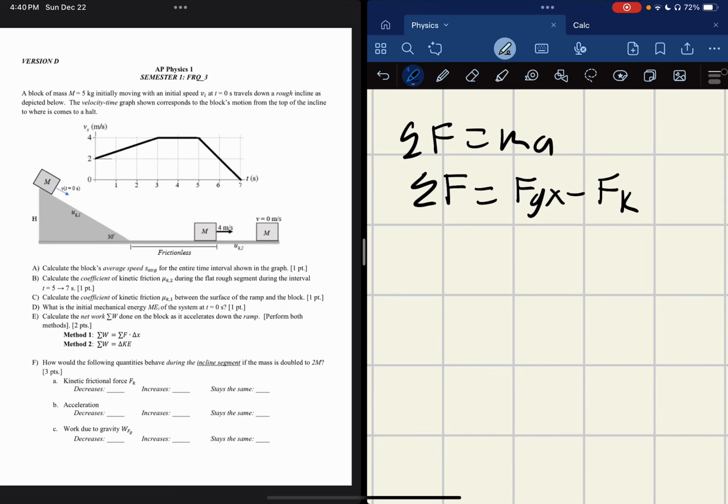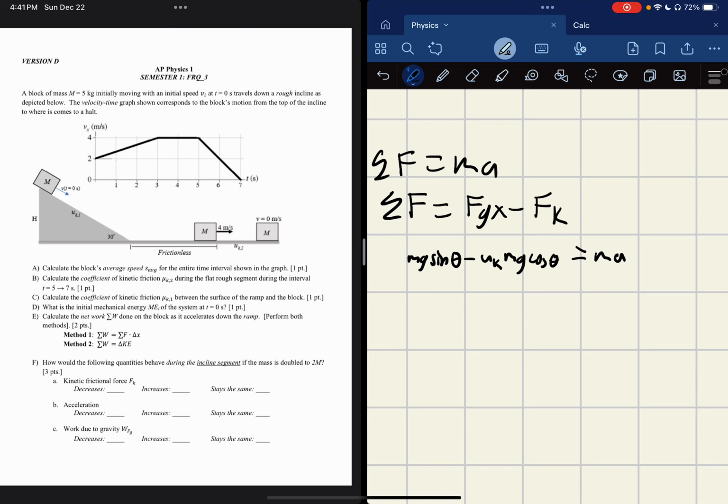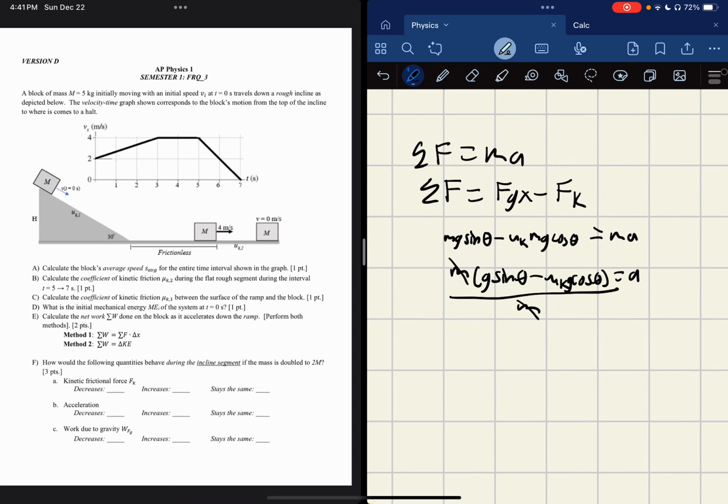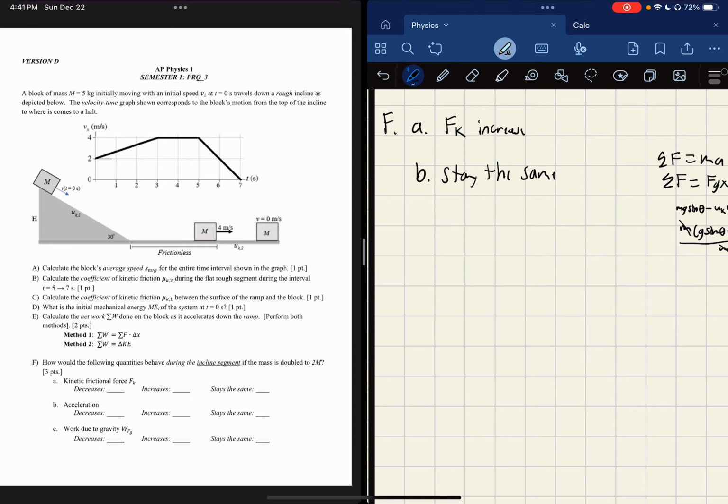If we were to equate them, it would be mg sine theta minus mu k mg cosine theta is equal to ma, and we solve for a. We could factor out m, so it'd be g sine theta minus mu k g cosine theta is equal to a. We just divide by m on both sides. You can see that m does not factor in at all when finding acceleration. So even if your mass is doubled, it wouldn't affect acceleration at all.